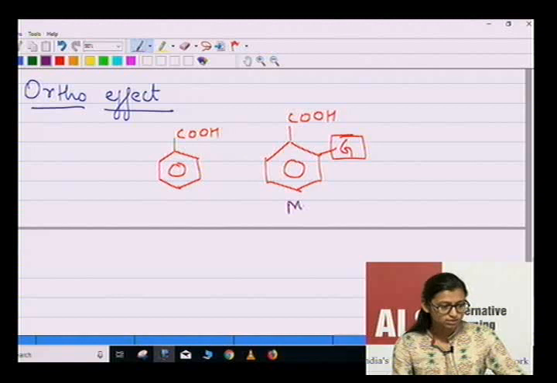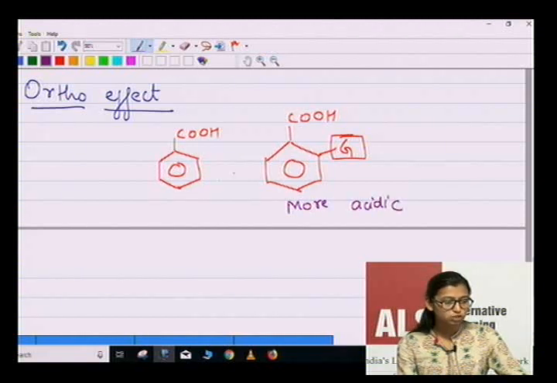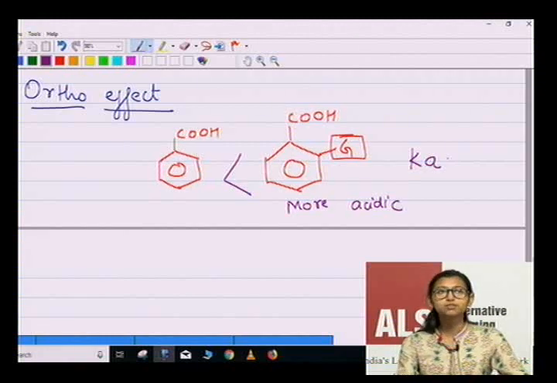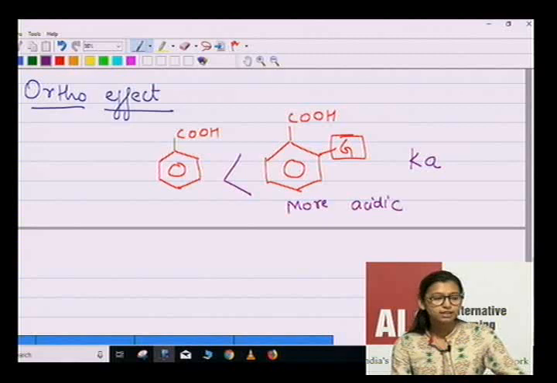This is the more acidic one, and this will be the less acidic one. This is the order. Irrespective of the nature of the group, the ortho substituted will always be the more acidic one, right? So always remember this thing.